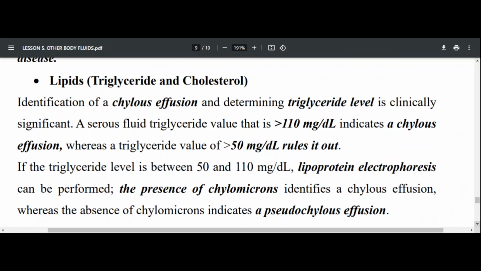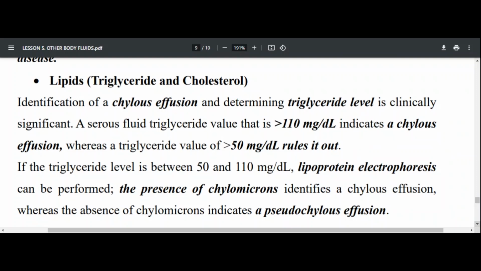When triglycerides are greater than 110, we can immediately classify this fluid as a chylous effusion. But when triglyceride is less than 50 milligrams, it means we can rule out chylous fluid.